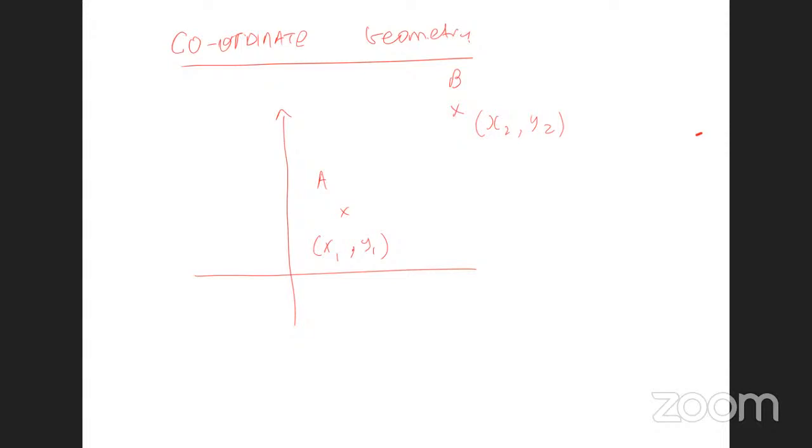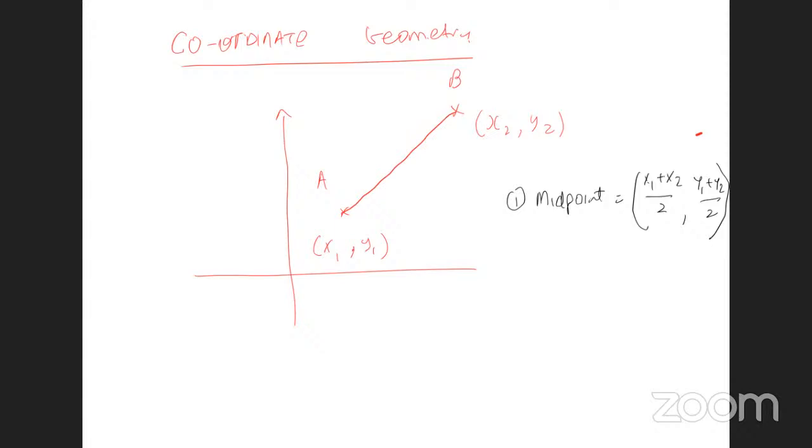In order to do that, you have to know these formulas, right? So the first formula you have to know is midpoint. To find the midpoint, you add up the 2 x values, divide by 2, add up the 2 y values, divide by 2. Okay?